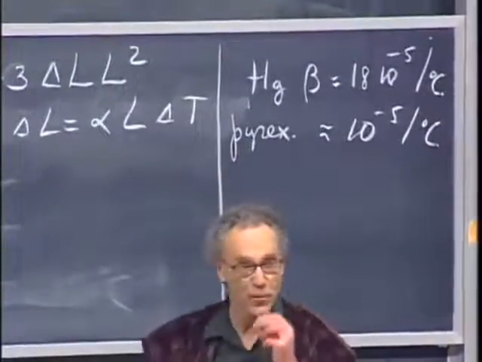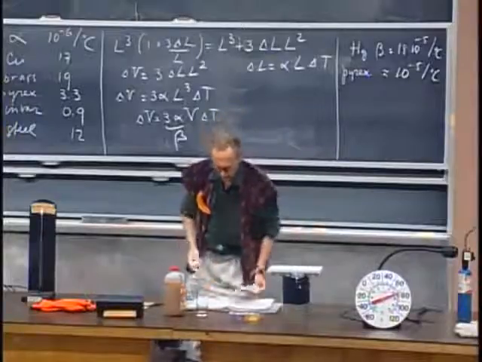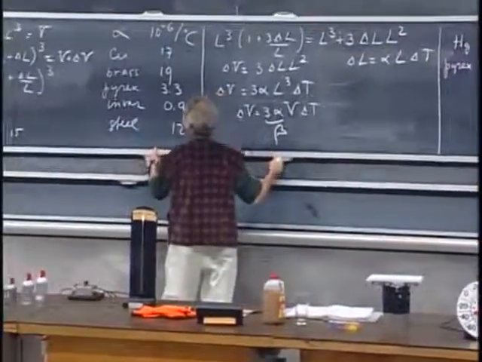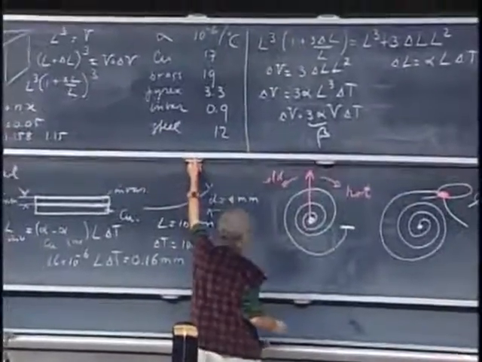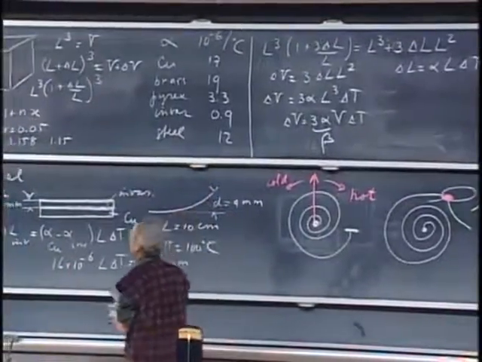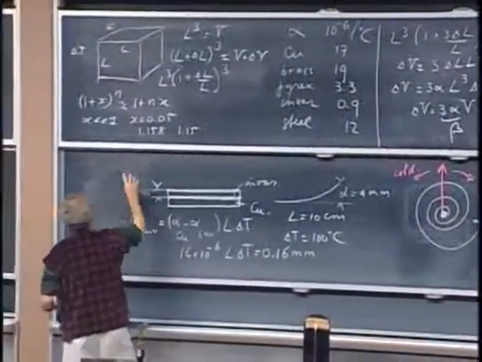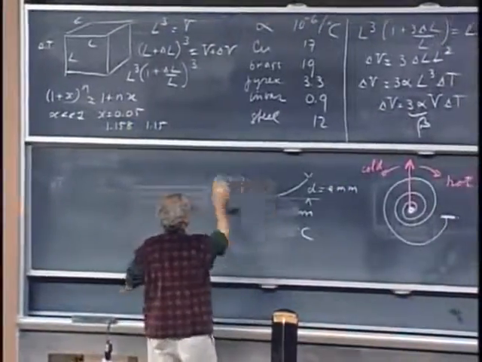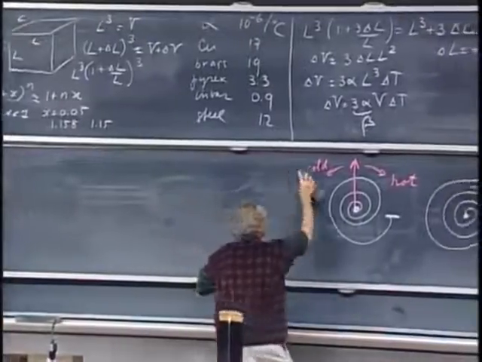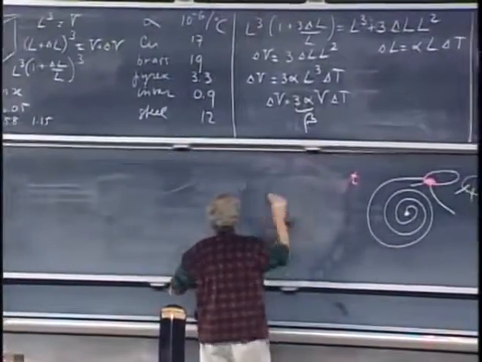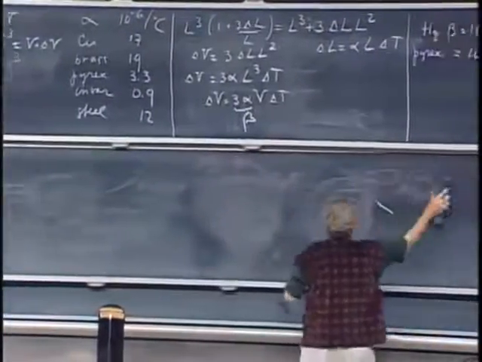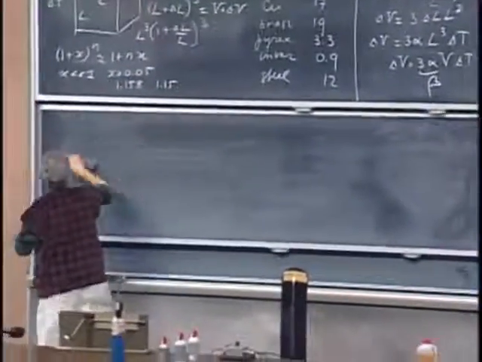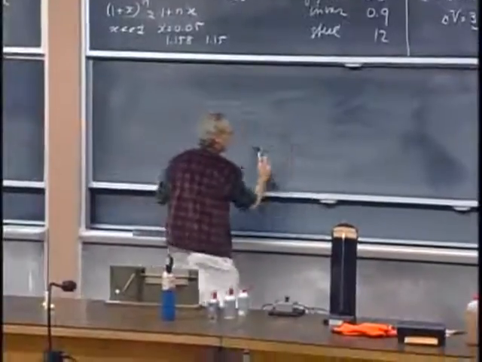And so now you begin to smell the idea of a mercury thermometer. I put some mercury in Pyrex glass, and the Pyrex glass is not going to expand very much, but the mercury will. And then the mercury, which is in an enclosed environment, will have to expand into my thermometer, and that's the way that we read the temperature.